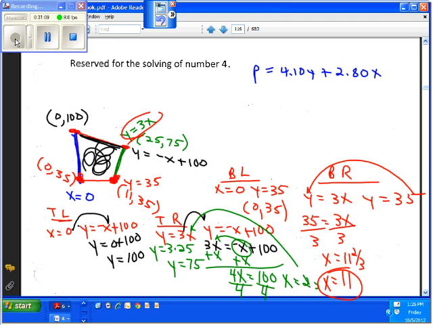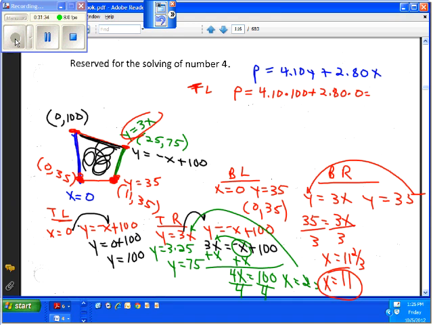So we're going to plug our corners into our profit formula. I'm going to do the top left first. If we plug in the top left corner, we get that P is equal to $4.10 per y, which is 100, plus $2.80 per x, which is 0.